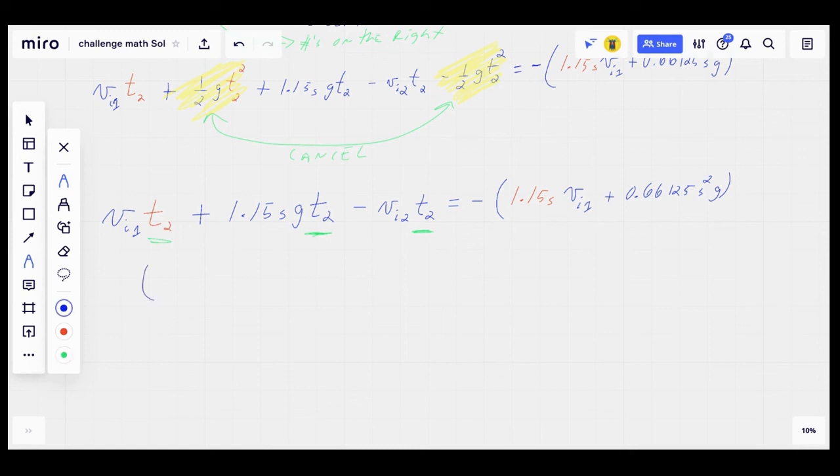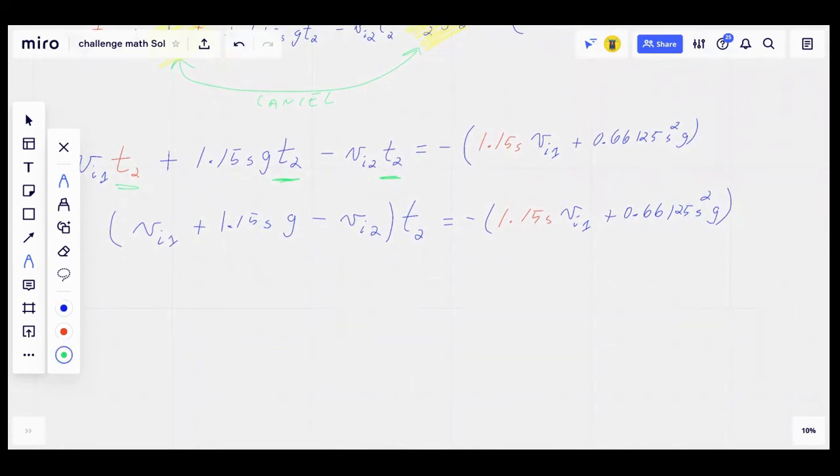So parentheses, V initial 1 plus 1.15 seconds times gravity minus V initial 2, close parentheses, T2 equals 1.15 seconds times V initial 1 plus 0.66125 seconds squared times gravity.